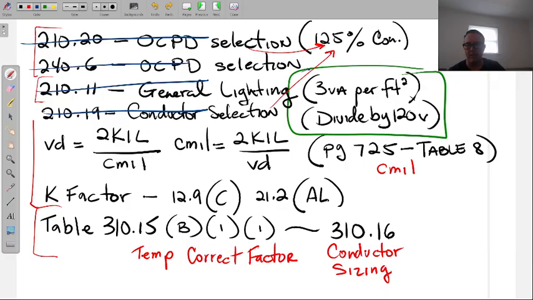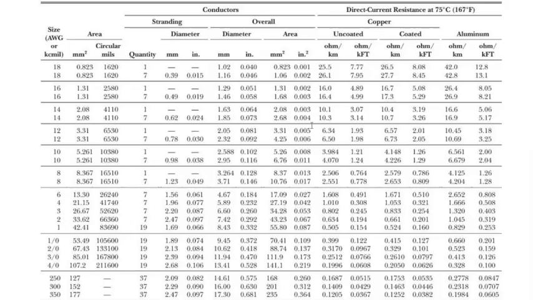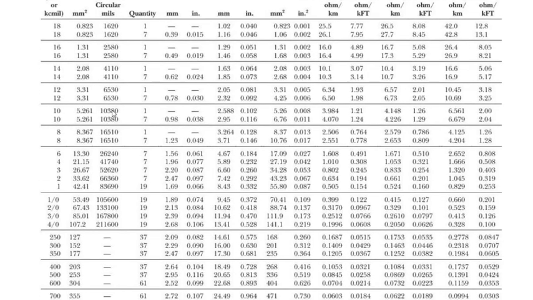Sorry, I'm running over to page 725 also, and I'll pull up the example. 6.6 repeating. Remember this table here. The voltage drop formula, the one we're doing, only requires the use of circular mils. So you just need that one circular mil section.